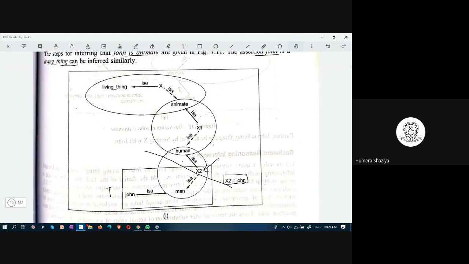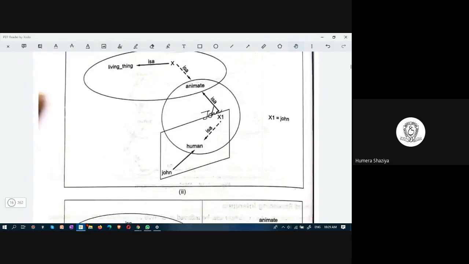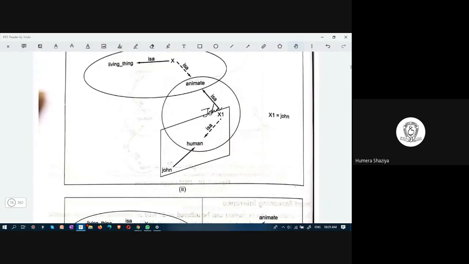John is human. We can infer John is animate, and finally John is a living thing. All three can be inferred from this ESNet by assigning John to different variables, which are x, x1, x2.